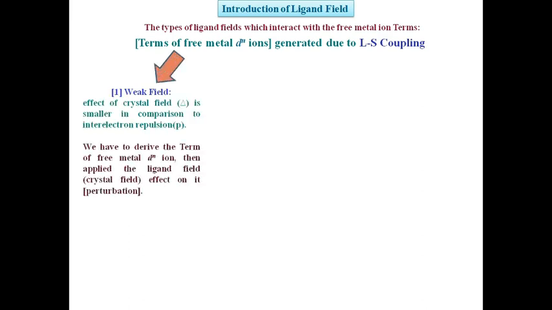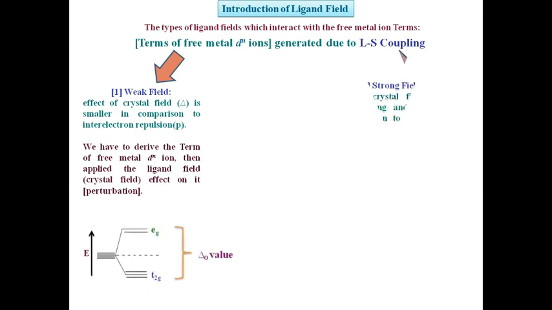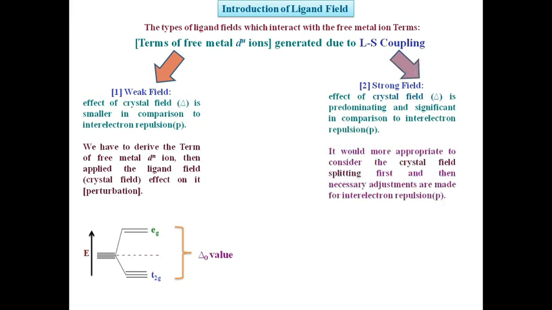In the case of weak field ligands, their splitting parameter is very small in comparison to their interelectronic repulsion in a particular orbital, and its corresponding pictorial diagram is shown below. And in the case of strong field ligands, the crystal field parameter is very large in comparison to the interelectronic repulsion of electrons in a particular orbital.